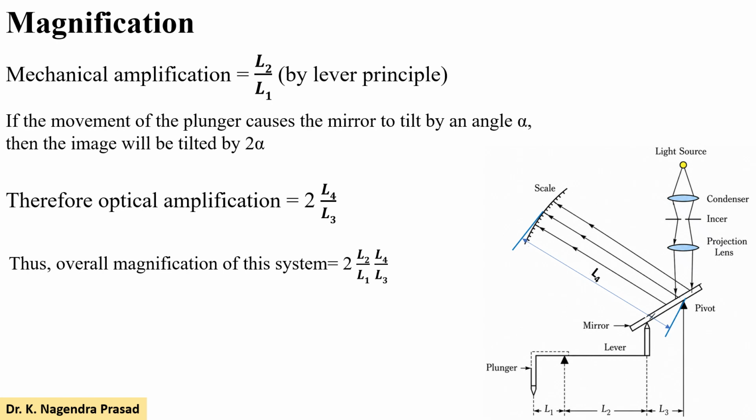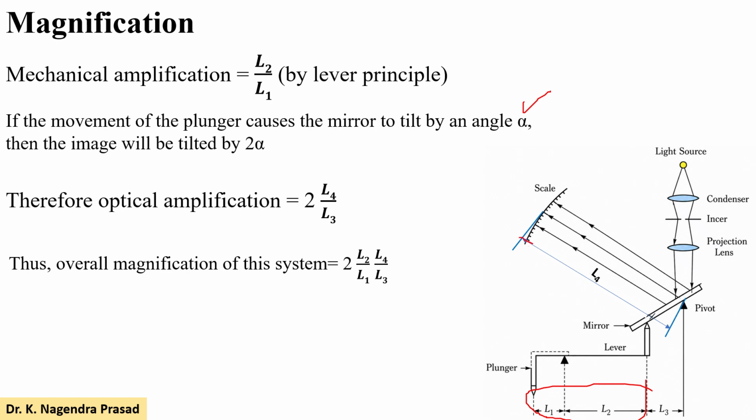So this mechanical system magnification depends upon L1 and L2, that is L2 divided by L1. If the movement of the plunger causes the mirror to tilt by an angle alpha, then the image will be tilted by 2 alpha. Therefore the optical magnification is equal to 2 into L4 by L3.